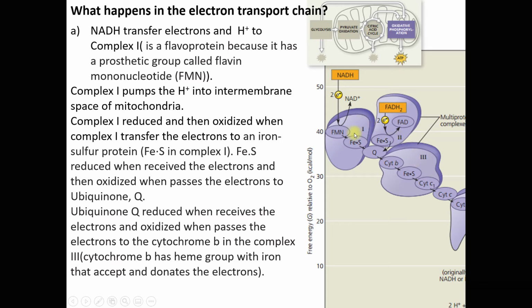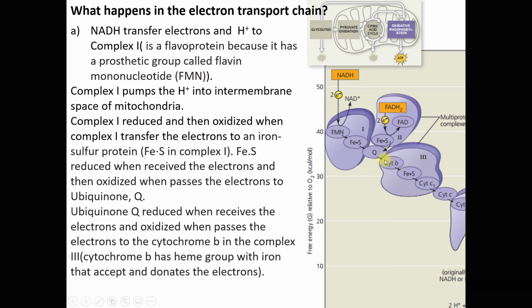Okay, students, ubiquinone does not pass electrons to complex 2. Ubiquinone passes the electrons that it receives from complex 1 to complex 3, or to be more specific, cytochrome B in complex 3. Okay, so this complex 3 has cytochrome B, and this cytochrome B has a heme group with iron that accepts and donates the electrons.